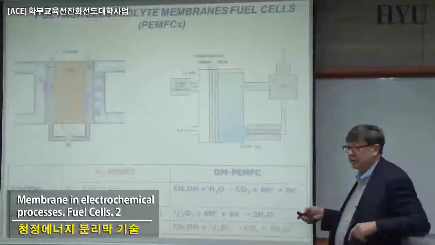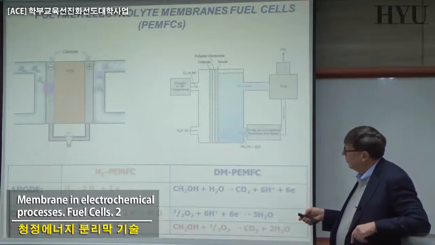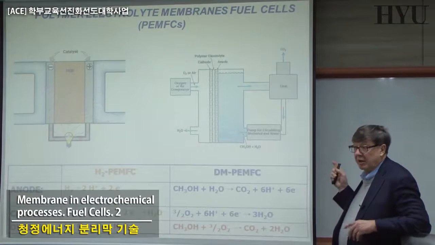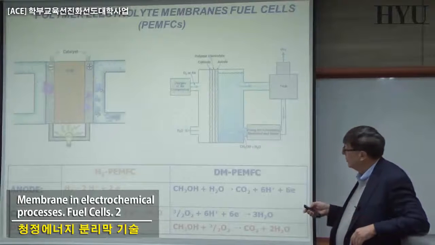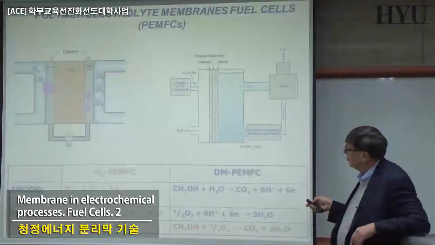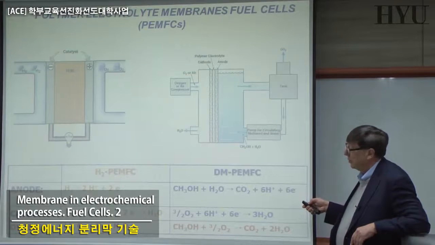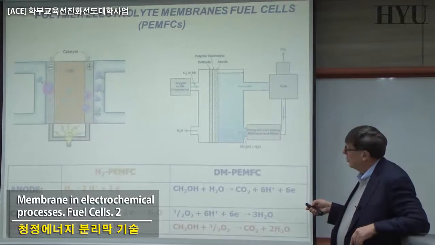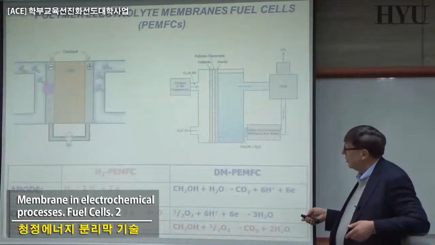You have oxidation at the anode, and so you are producing electrons. On the other side, we have oxygen, which is normally just air, because 20% of air is oxygen. At the cathode, the catalysts present also here allow the reaction between the H+ and oxygen to form water.